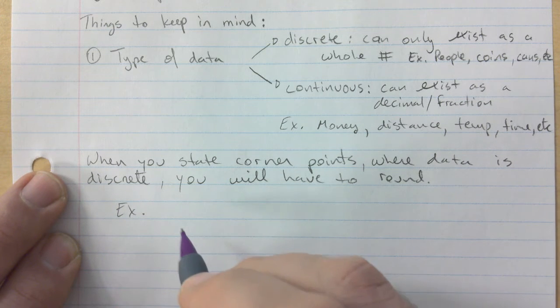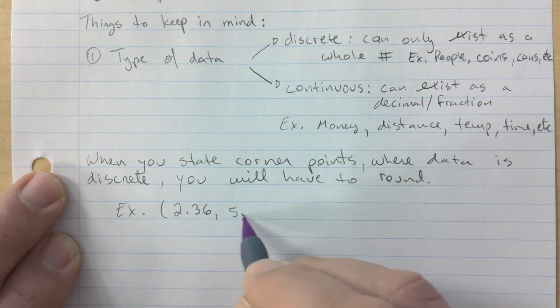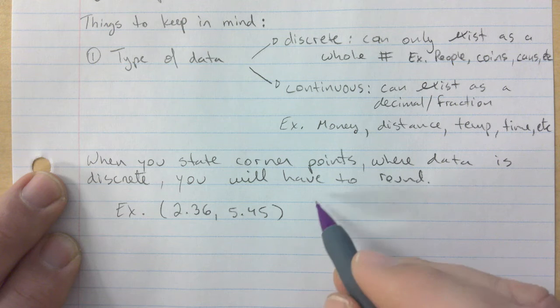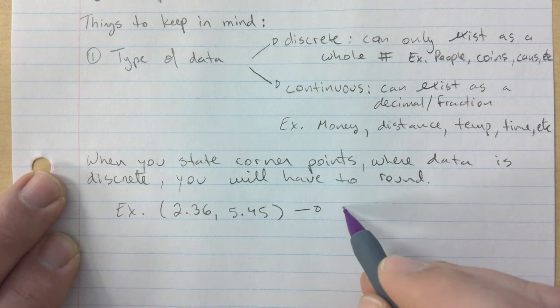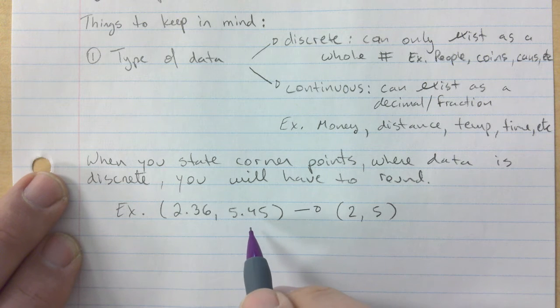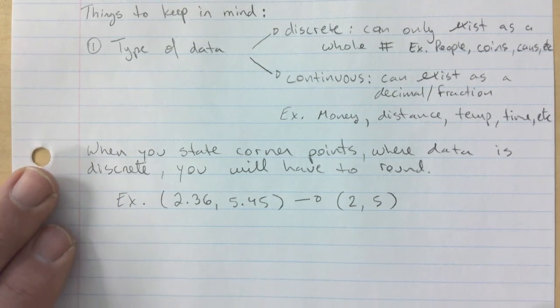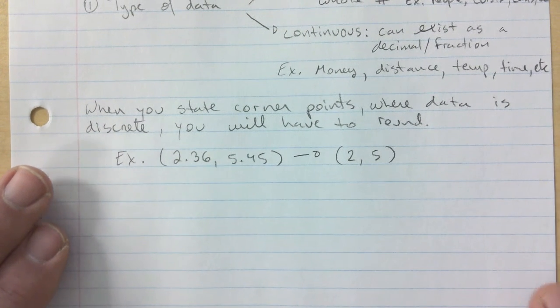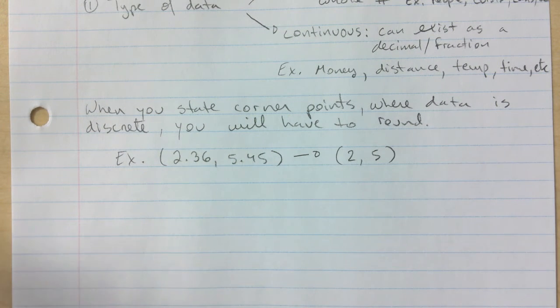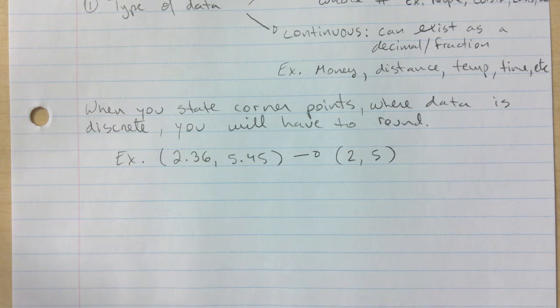Example, if you use your calculator and you get 2.36, 5.45, we're going to round to 2, 5, but I want you to actually show me the decimal and then the rounded version of that. So if you're talking cans, large cans, small cans, you can't leave it like this. You have to round it to the nearest whole number.